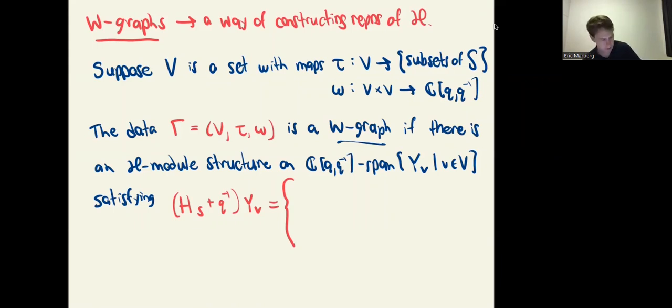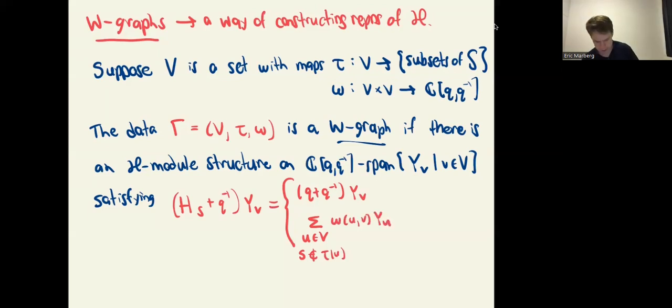So either this formula is going to give us Q plus Q inverse times Y_V, or it's going to give us the sum over all U in V, where S is not an element of tau of U, and we have this coefficient omega_UV and then Y_U.